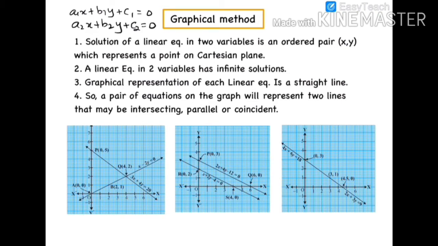So when a pair of linear equations has one solution or infinitely many solutions, it is said to be consistent. When it does not have any solution like this one, then it is said to be inconsistent. And we can find out conditions for consistency algebraically.